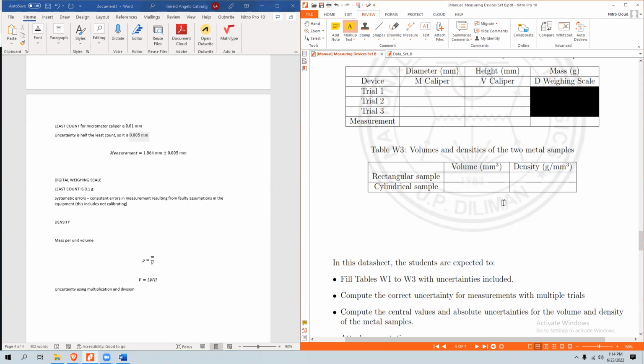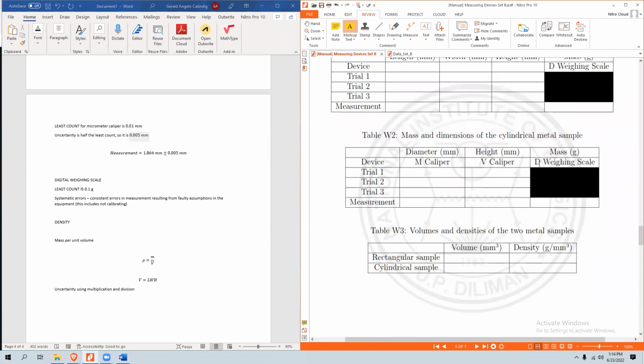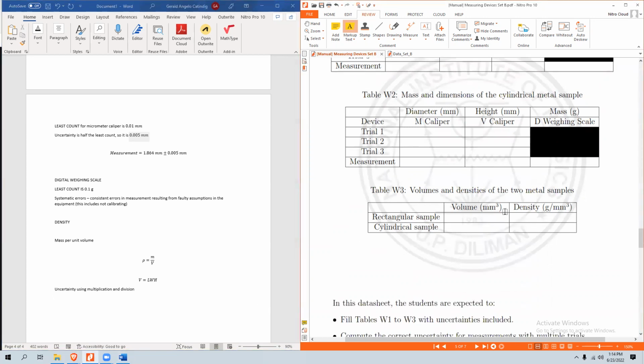So note lang, yung mass din ng ating objects, metal samples, may uncertainty din yan. And just browse the manual to determine the uncertainty sa digital devices. I think I may have already mentioned it naman. Anyway, this goes for both the volume and the density. Yung uncertainty using multiplication. Uncertainty propagation. Yes. That's the exact term I was thinking of.